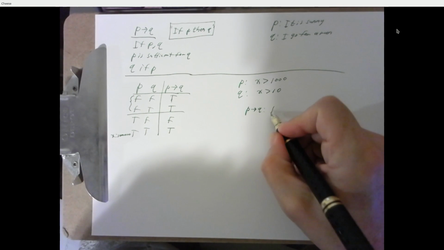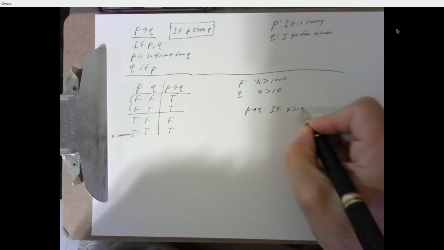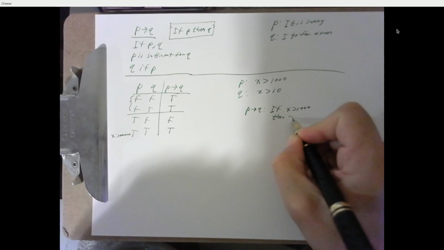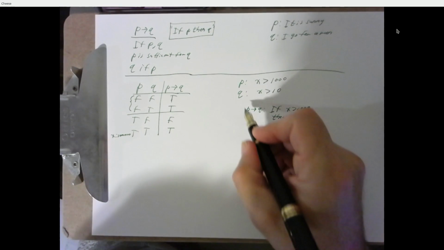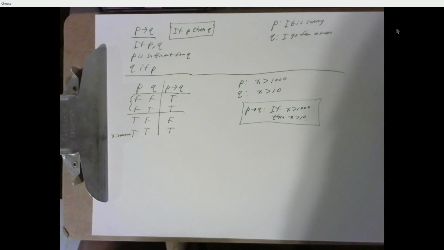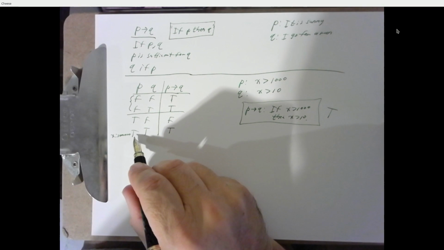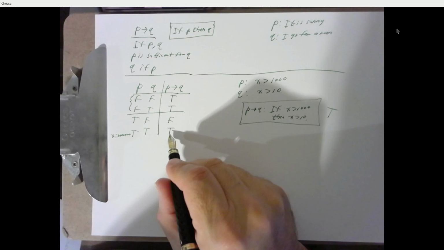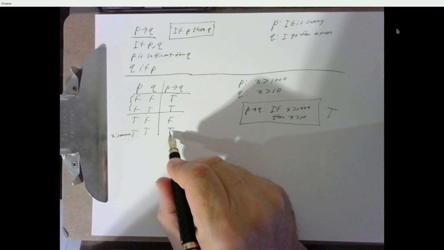P arrow Q is a proposition which says if x is bigger than 1,000, then x is bigger than 10. Do we believe this? Suppose x is an integer, right? If you pick an integer that's bigger than 1,000, is that integer bigger than 10? And I think you have to agree that this is absolutely true. Any number that's bigger than 1,000 is bigger than 10. We know that. That's the way integers work. So if we set x equal to 1,000,000, yeah, it's bigger than 1,000, it's bigger than 10. P arrow Q should definitely be true.